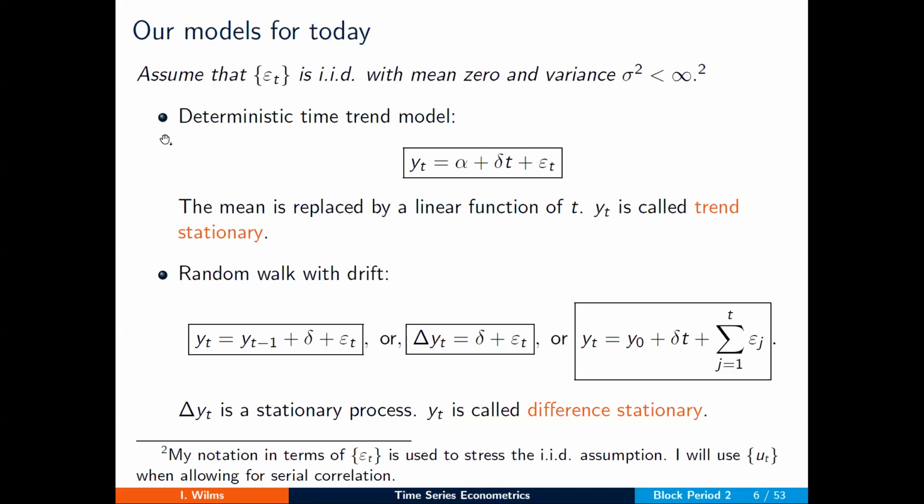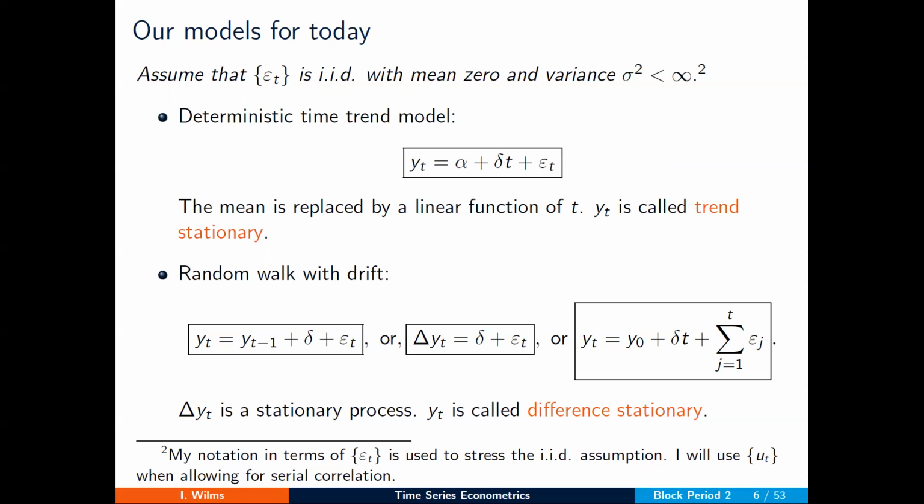The first model we will look into is a deterministic trend model whose model equation is given over here on the slides. So we regress y_t on a constant alpha, a time trend, and we also have our IID error. In a trend stationary model, the deviations of our time series around the trend line are the errors.